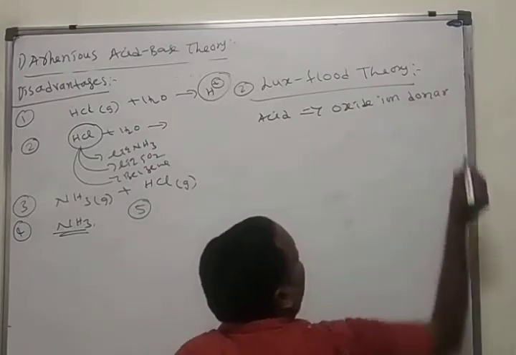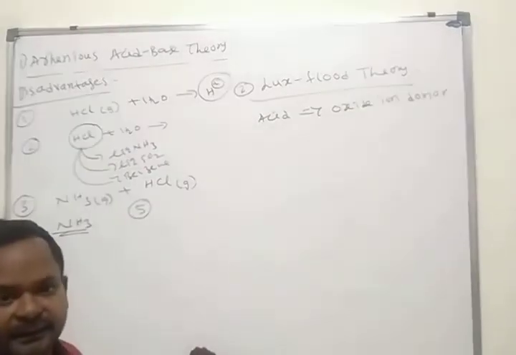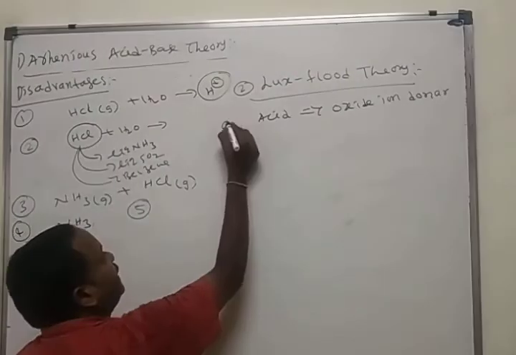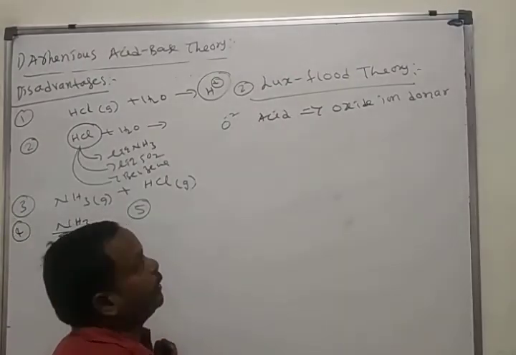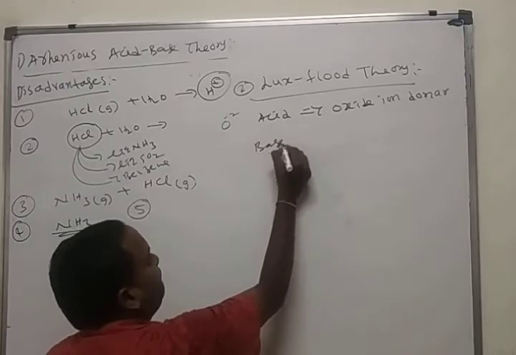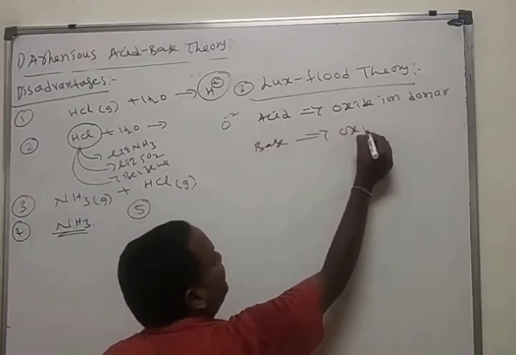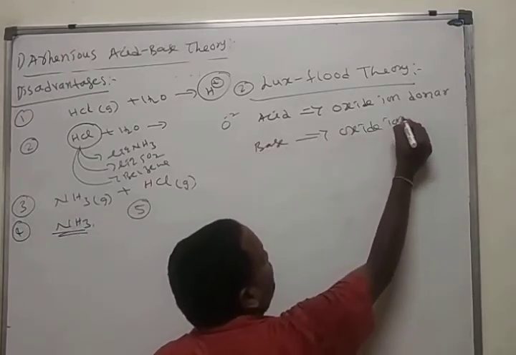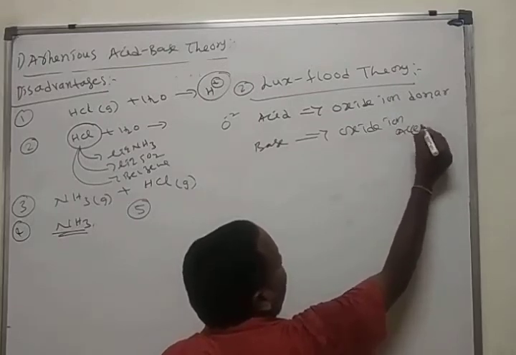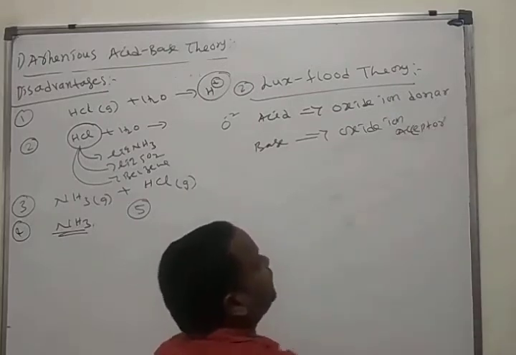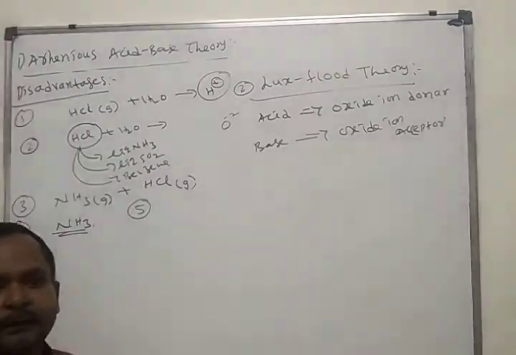Oxide ion donor we call an acid. Here, oxide ion means O2-. A base is an oxide ion acceptor. Oxide ion acceptor we call a base.